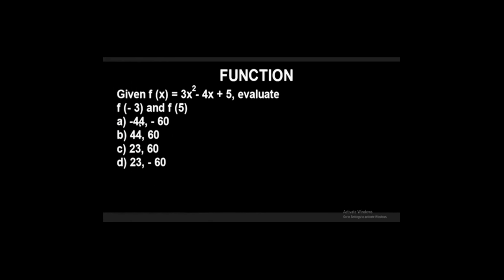So we have 3x squared minus 4x plus 5. This is the function we have here. We are looking at the value of y when x is negative 3 and when x is 5.